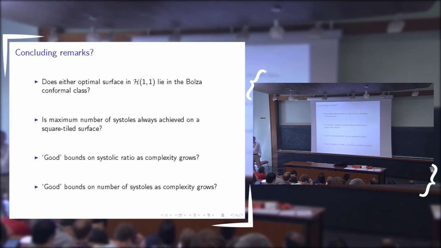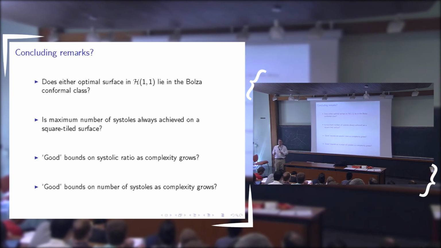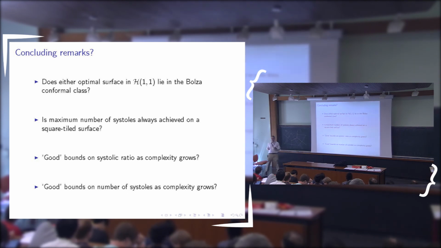Is it always true? Another question I didn't put up here is whether the maximum systole on a stratum is realized in the stratum. Maybe it's realized at a boundary, right? Maybe you have to degenerate. I doubt it. I think it's probably realized in the middle of the stratum. But there's nothing a priori to tell you that it's not realized at the boundary of the stratum.